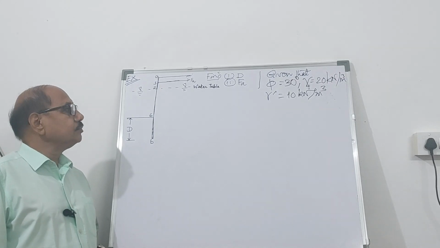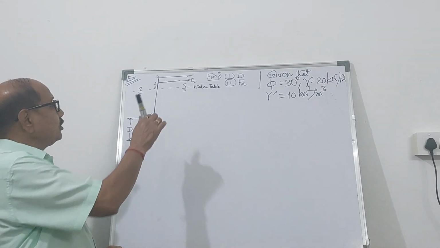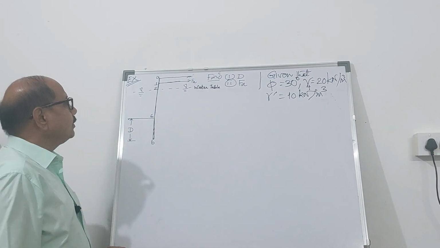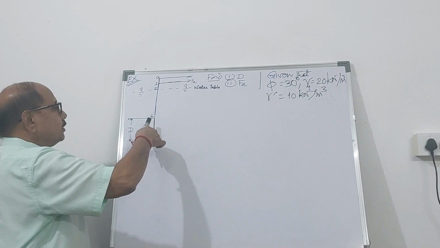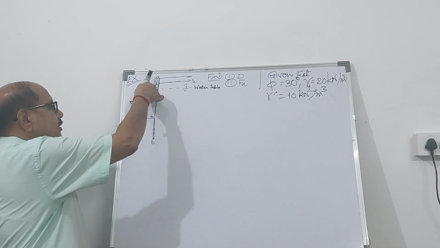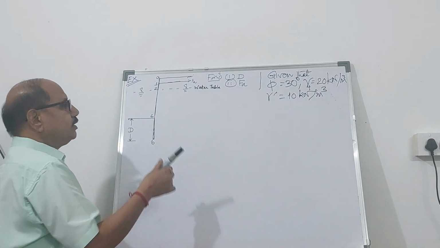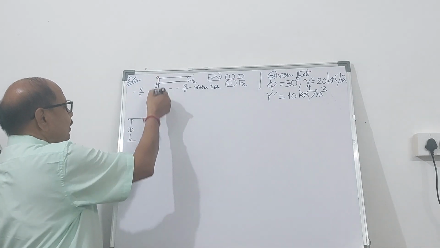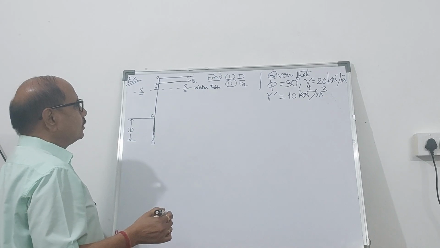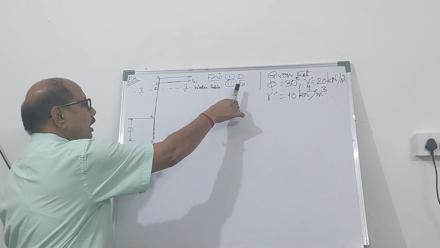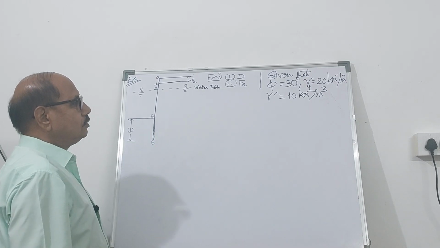Hello friends. So in continuation with the previous video, we had the anchored bulkhead and the total height of this sheet pile is 6 meter as shown over here. And we need to find out the depth of embedment and the force in the anchor rod.